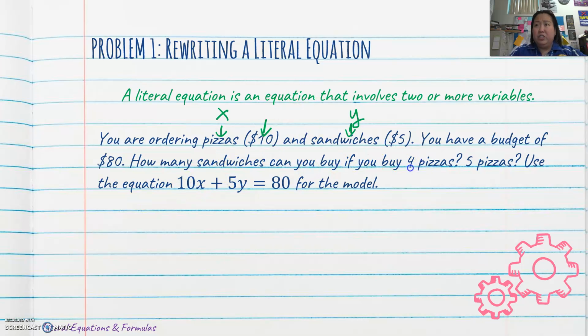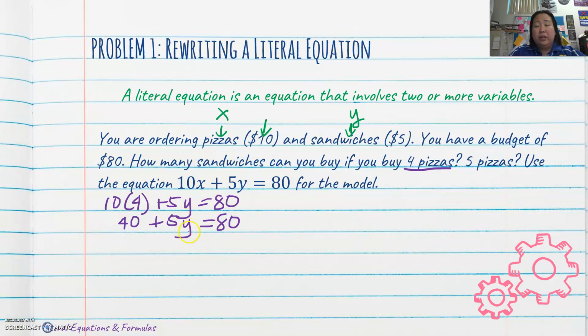The first situation is, what if you bought 4 pizzas? We replace the x with 4, so that will be 10 times 4 plus 5y equals 80. We can solve this equation since we only have one variable now. 10 times 4 is 40, plus 5y equals 80.